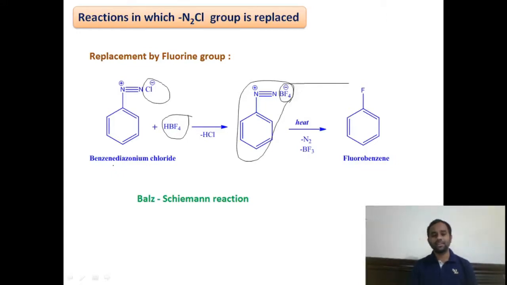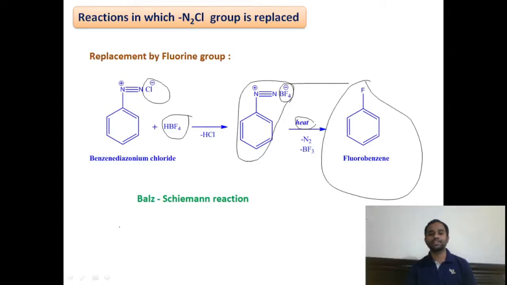When we treat this benzene diazonium chloride with tetrafluoroboric acid, what happens? The chloride anion is replaced by the tetrafluoroborate to give benzene diazonium tetrafluoroborate. This is also an aryl diazonium salt, but here the anion is BF4 minus. On further heating, we will get the fluorobenzene as the product.